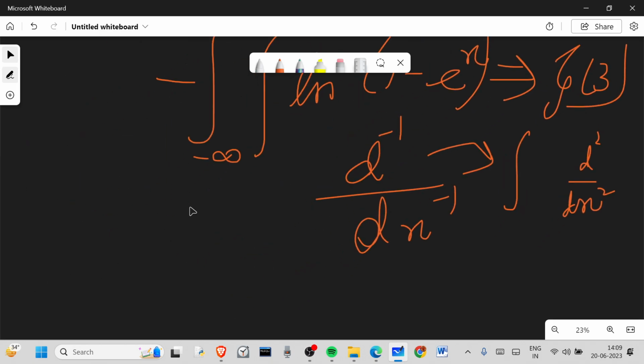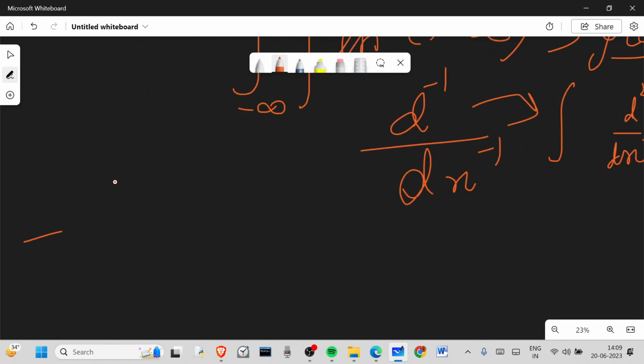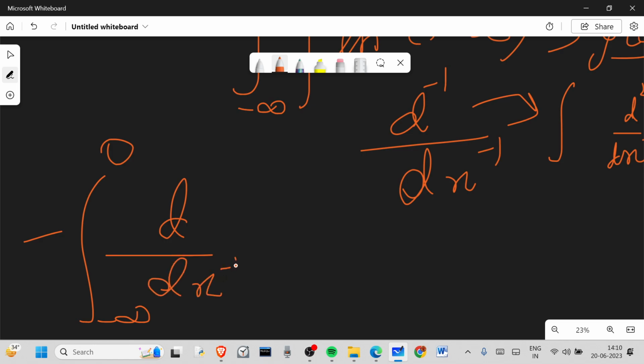Using this notation, minus integral minus infinity to 0 d by dx to the power minus n minus 2.